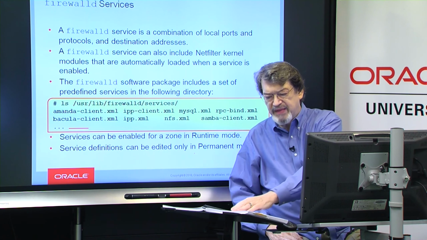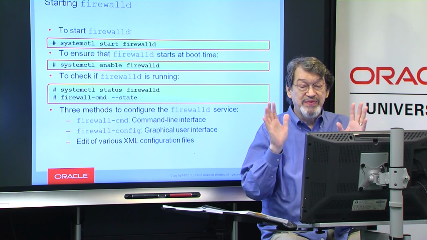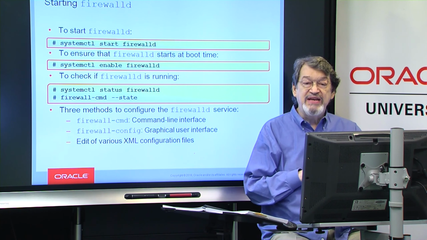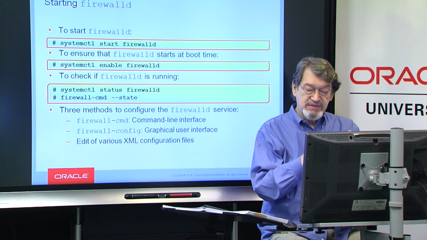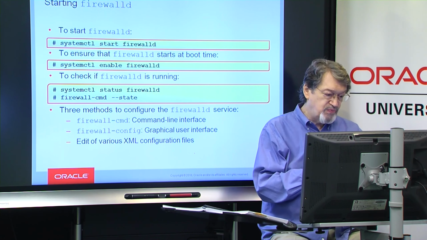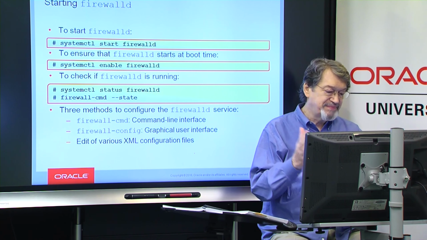We have a firewall-cmd command. Don't ask why it's not firewallctl. I don't know. My guess is it was a different programming team and they were not familiar with the fact that CTL means control, because with firewallctl you're going to control the firewall.